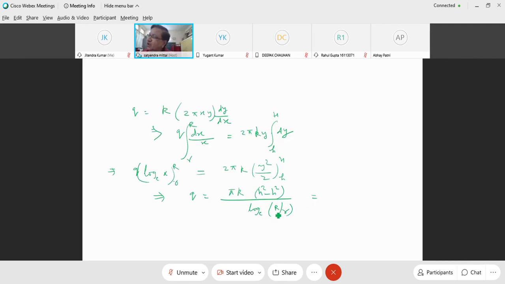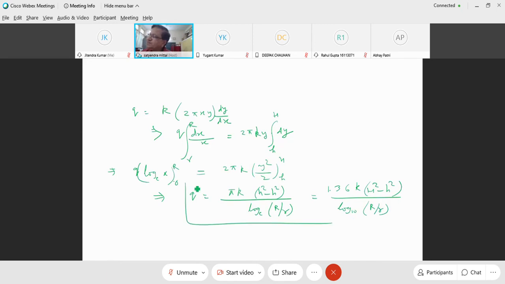Or if I want to convert to the base 10, then pi means 3.14, and so it will be equal to 1.36 k, H square minus small h square, upon log to the base 10, R upon small r.